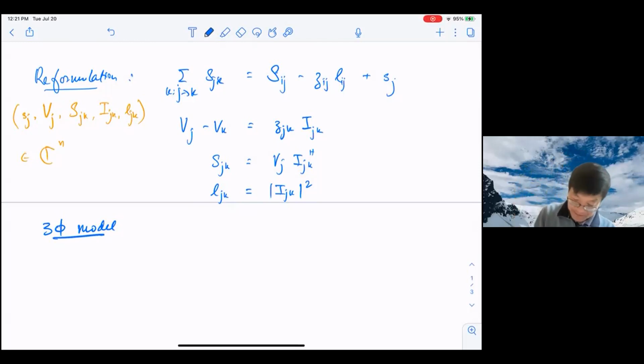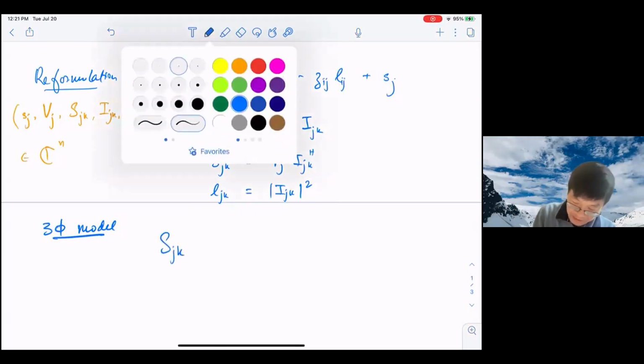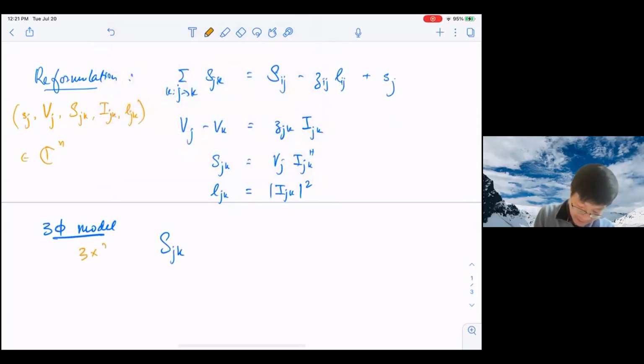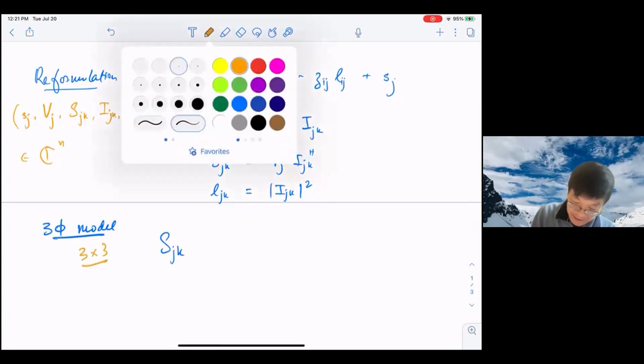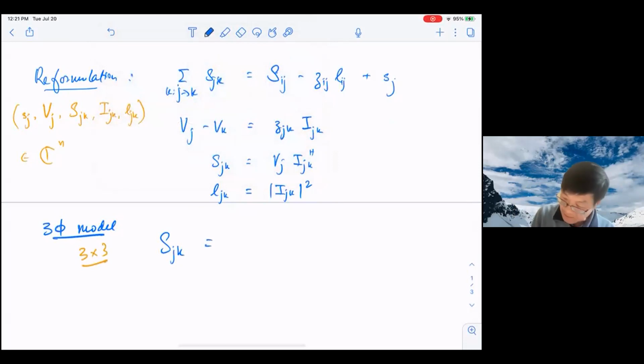So we're going to define Sjk, which is a 3x3 matrix, to be equal to Vj Ijk complex conjugate. So this is a three-dimensional vector, which is, okay, let me write this down explicitly.